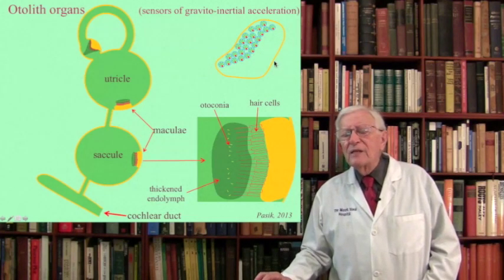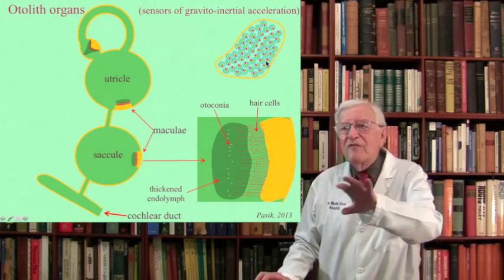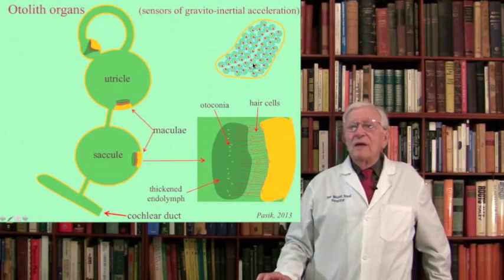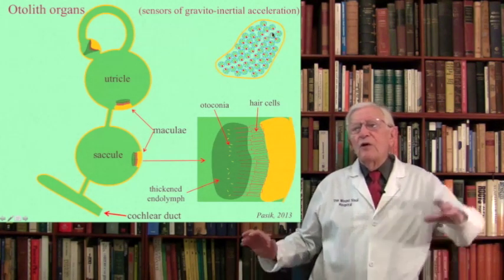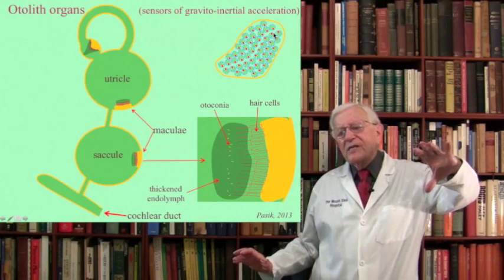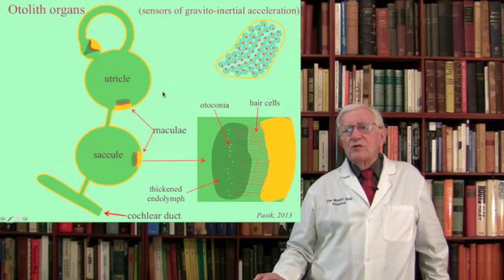And when you look at hair cells on the other side, the kinocilia are also facing that same line, if you wish. So some kind of a line is established here so that all the kinocilia of the hair cells are looking at that line. That line is called the striola.